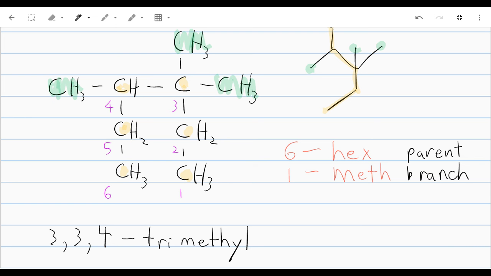That indicates that there are 3 single carbon branches on carbons 3, 3, and 4 of the parent chain. And then it's hex for the parent chain because there's 6 carbons in total, all of which have single bonds, so it ends in ane. So this compound's name would be 3,3,4-trimethylhexane.